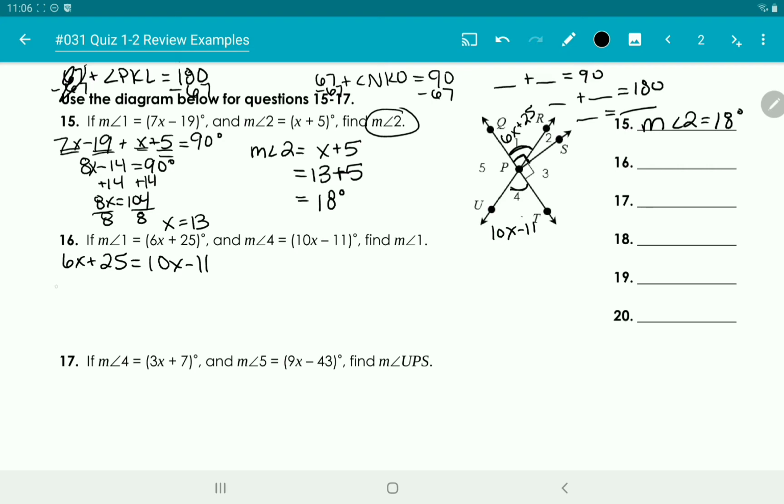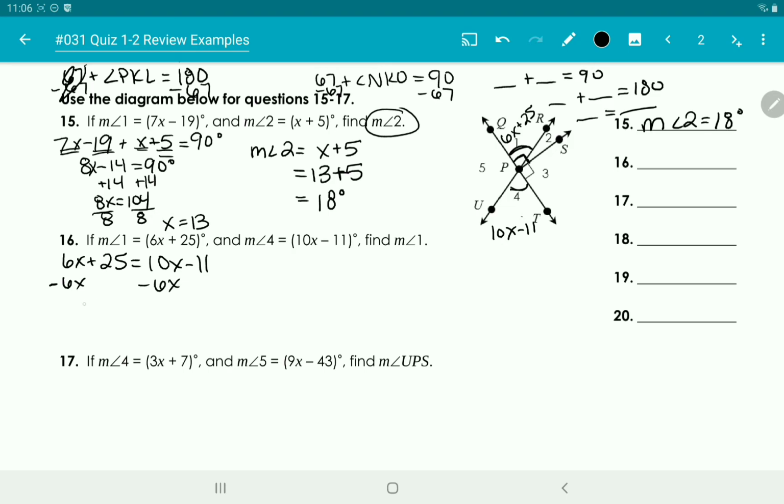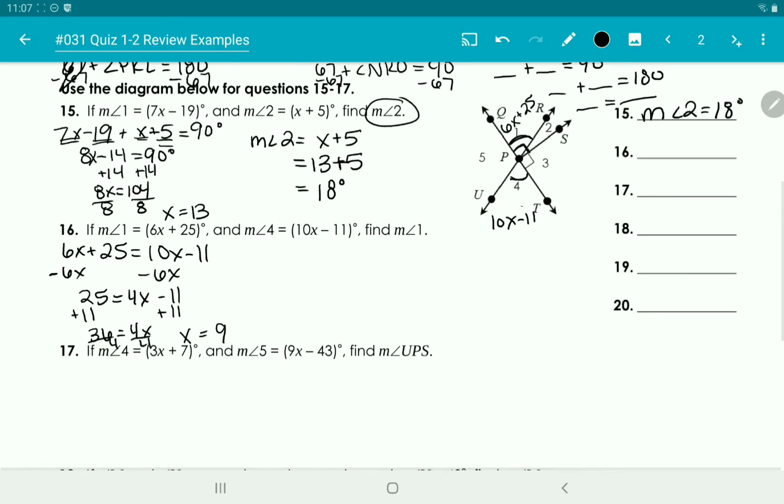Now we can just solve for x. I'll subtract 6x from the other side, giving us 25 equals 4x minus 11. And then we'll add the 11, giving us 36 is equal to 4x. And we'll divide by 4, giving us x is equal to 9. Now with that, it's telling us to find the measure of angle 1, which is 6x plus 25.